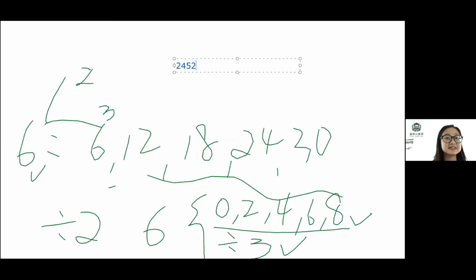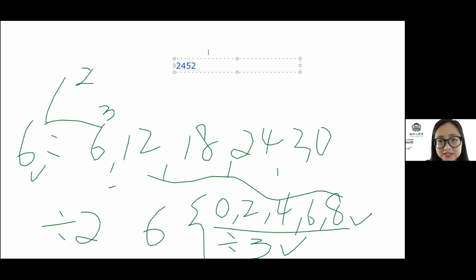No. So can this number be divided by 6? No, definitely not, because we need to satisfy two rules. It can be divided by 2 but cannot be divided by 3, so this number cannot be divided by 6.